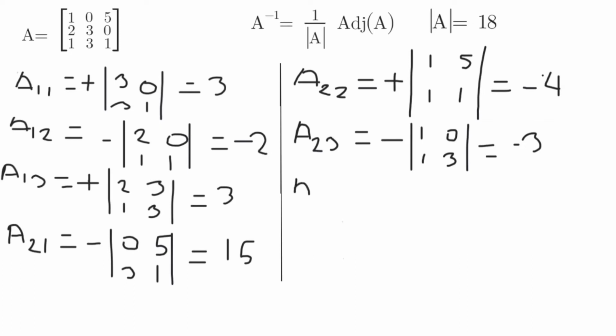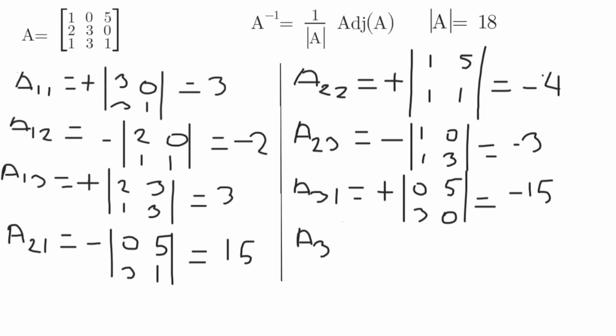Now A31. A31 is positive, the determinant of 0, 5 and 3, 0. So it is equal to minus 15. Now A32. A32 is negative of the determinant of 1, 5, 2, 0. I hope you are understanding this, because it is a simple thing.